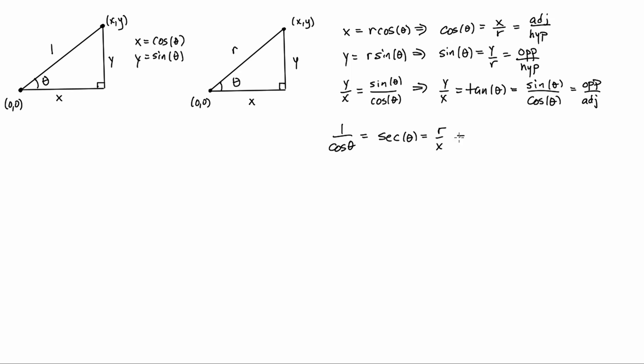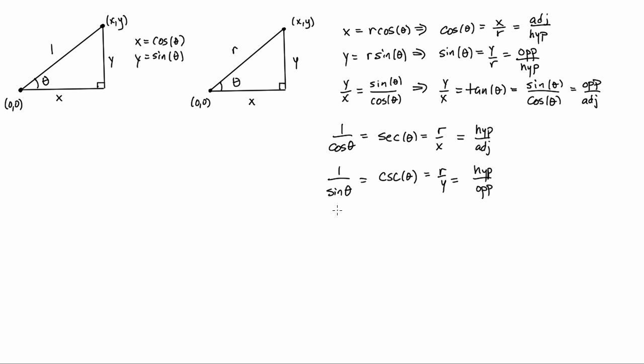And we would also denote this as being the hypotenuse over the adjacent. Next up is 1 over sine. 1 over sine is cosecant of theta. Cosecant of theta then is defined as being r over y and is hypotenuse over opposite.